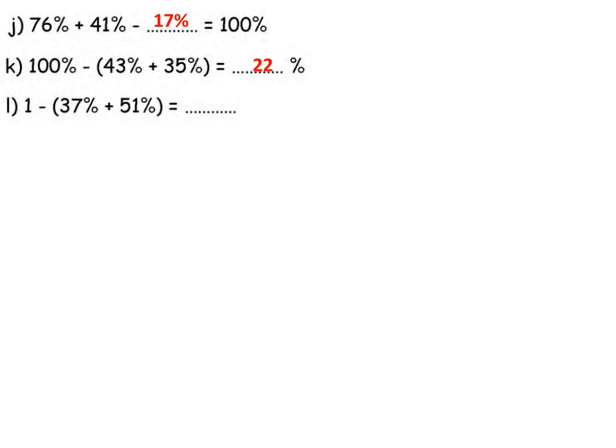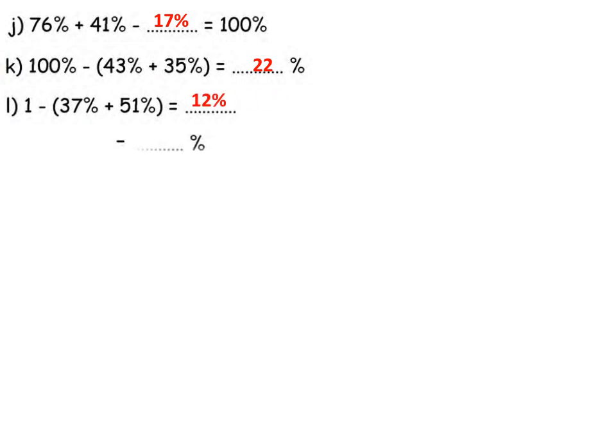Letter L, 1 minus 37% plus 51%. Firstly, we will add 37% plus 51%, which gives me 88%. As we know, the whole number 1 in percentage equals 100%. 100% minus 88% will give me 12%.